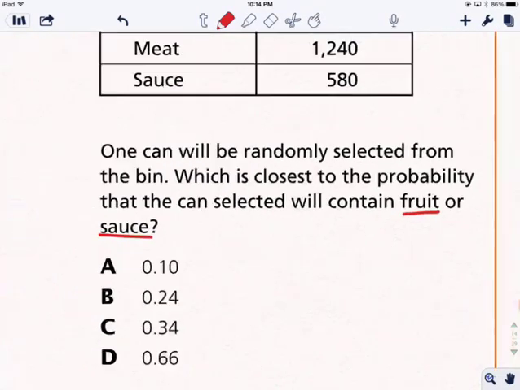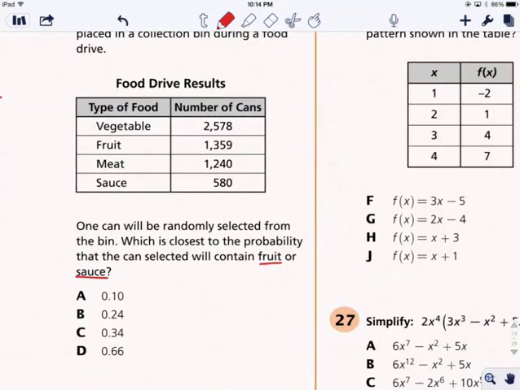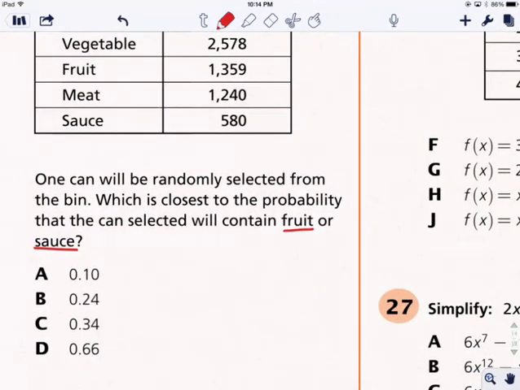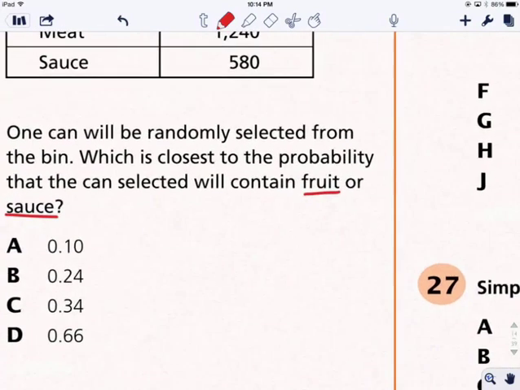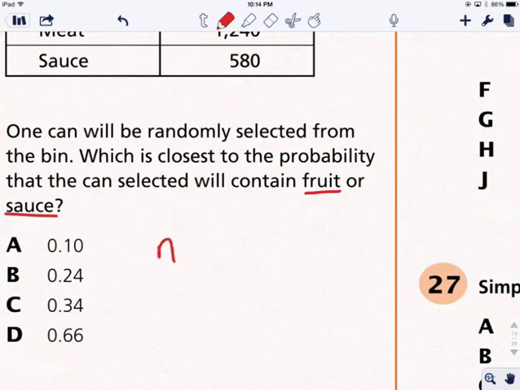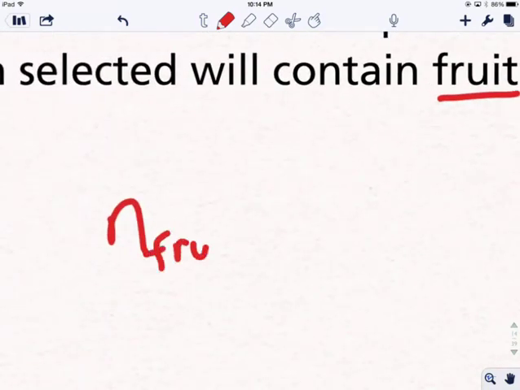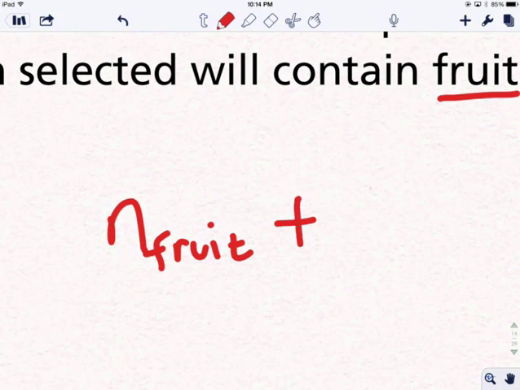So how in the world do we do that? Well, first thing we need to know is how many cans of fruit and cans of sauce are there. So the way I'm going to write that is number of fruit cans, and then we're going to add to that the number of sauce cans.